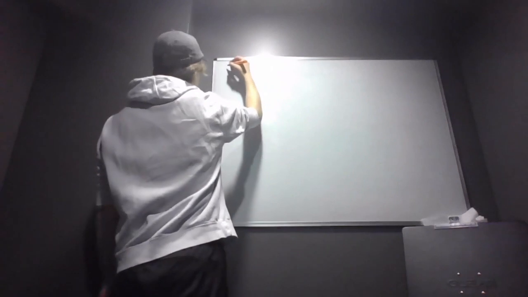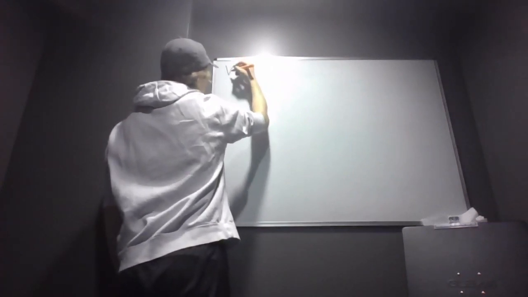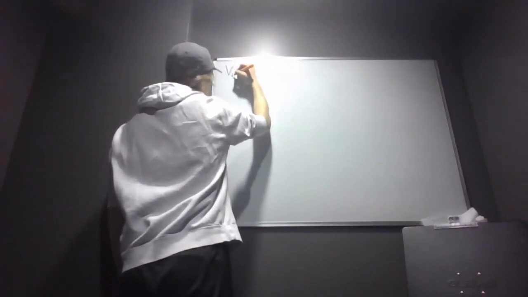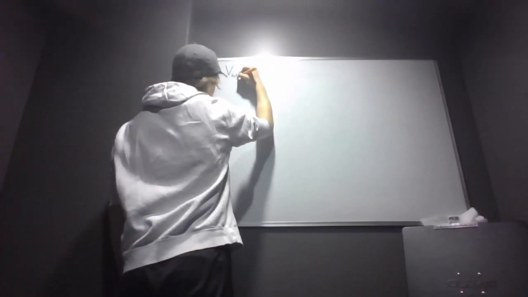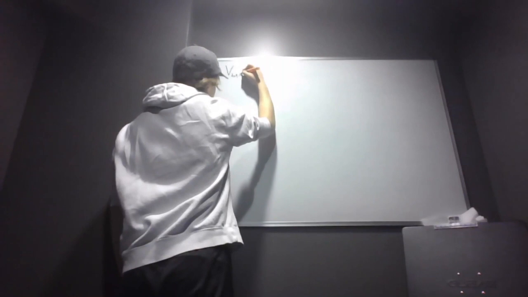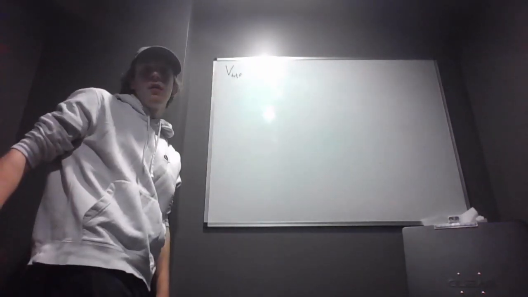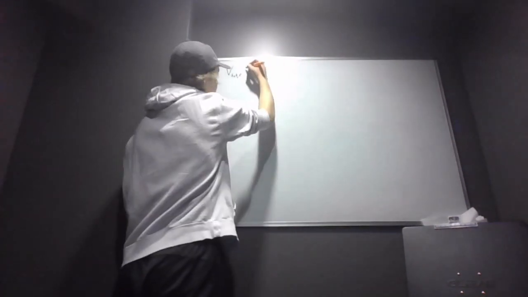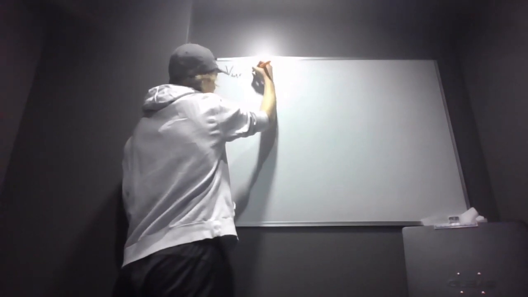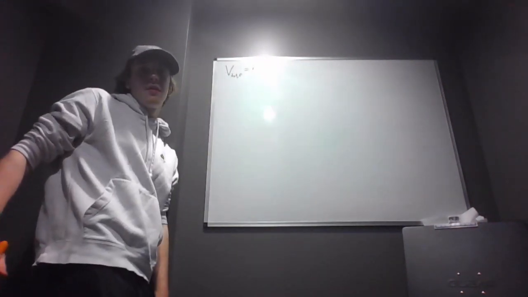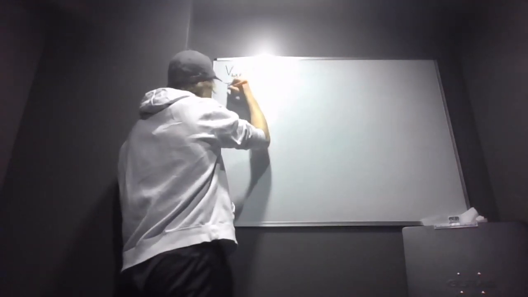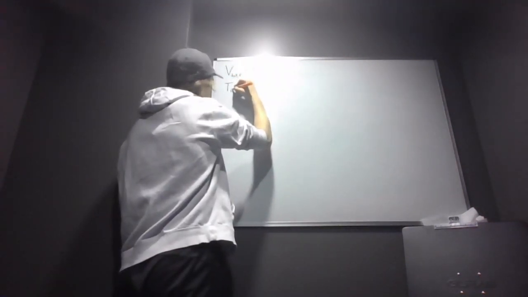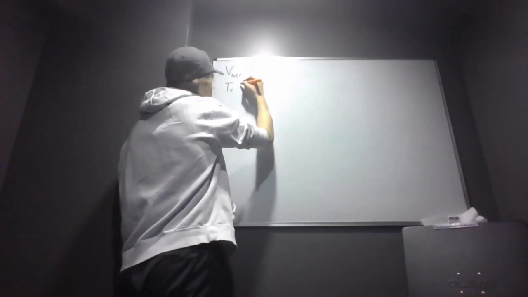So our first unknown is the total volume, final, and that is one of our unknowns. And then the final temperature is also an unknown.